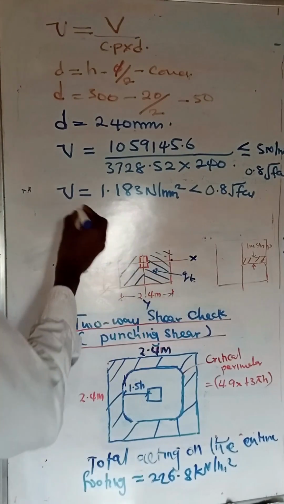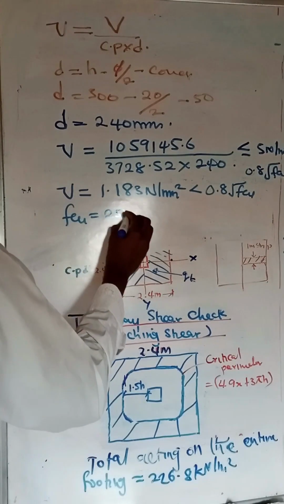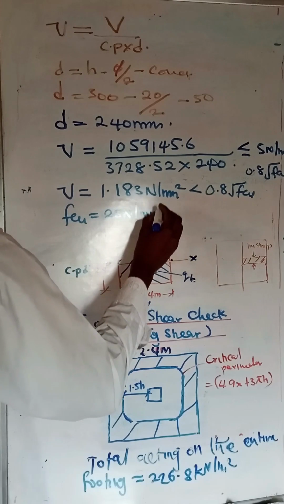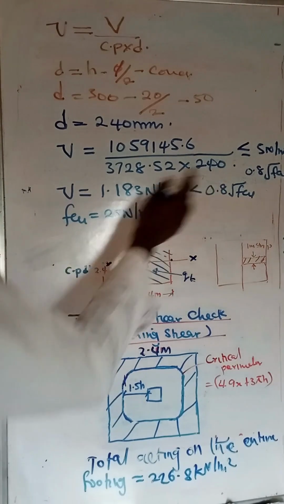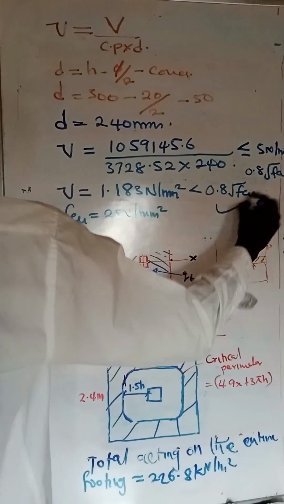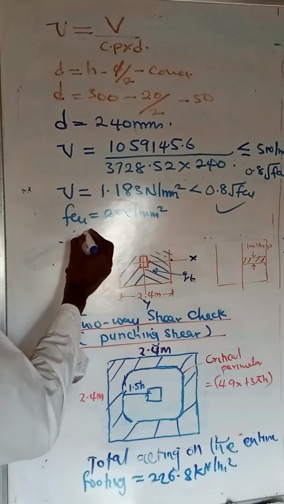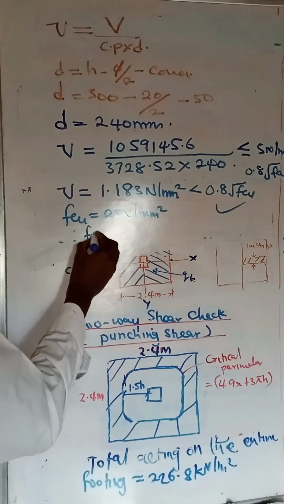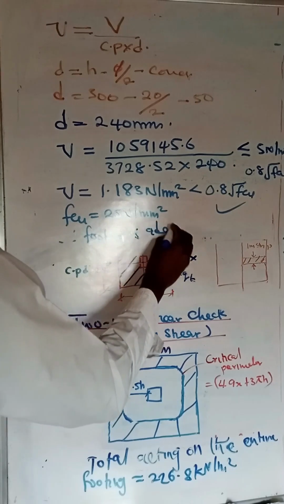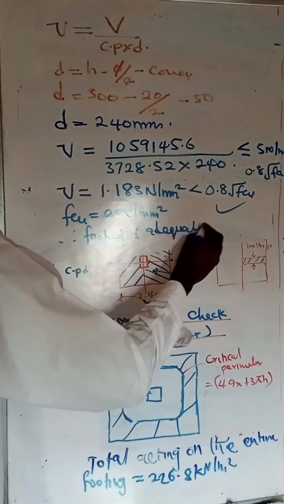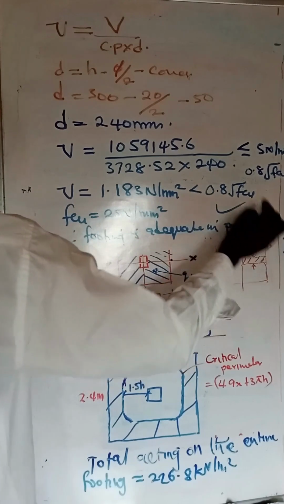Remember that our FCU that was given is 25 Newton per millimeter square. So if we check that out, you will agree that it's lesser than that. So this makes our section adequate. You can therefore say that the footing section is adequate in punching shear.